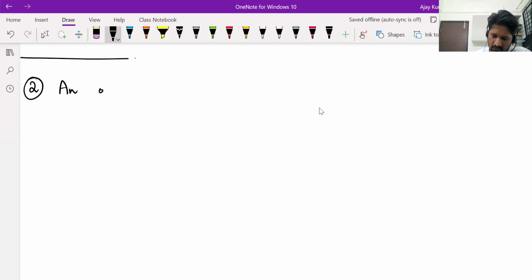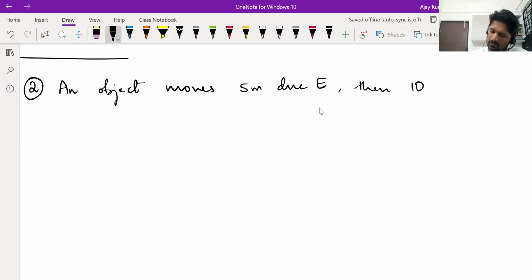An object moves, let's say, 5 meters due east. Due east means towards east. And then 8 meters due north.